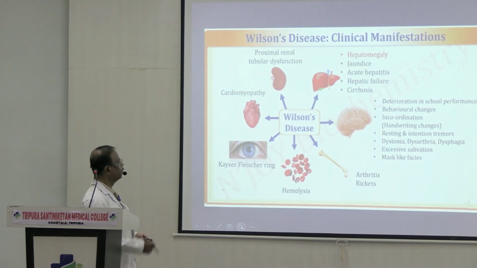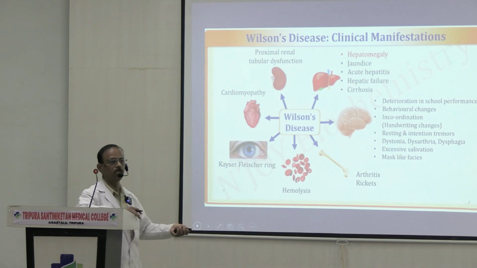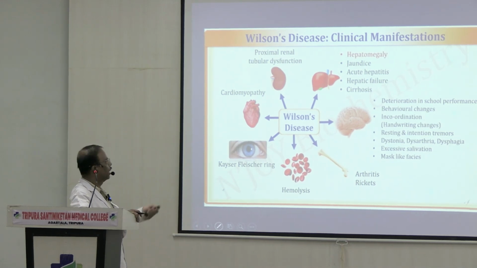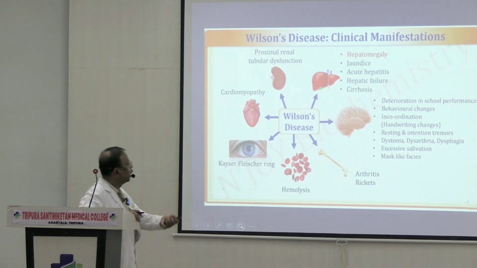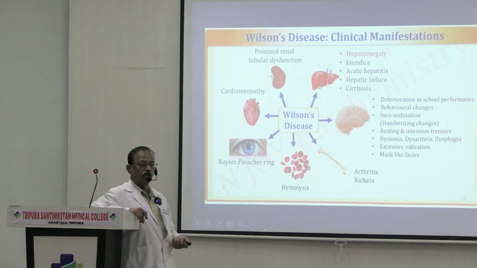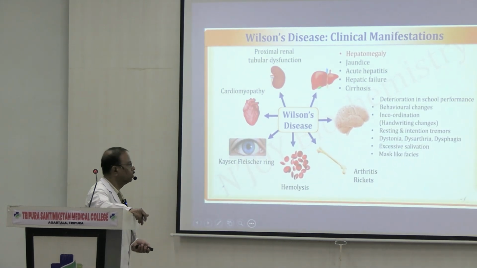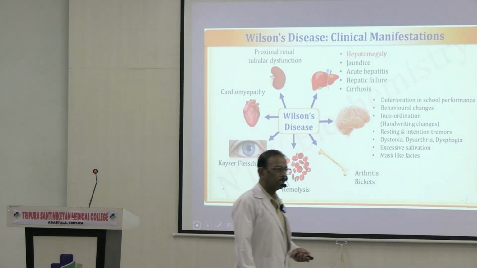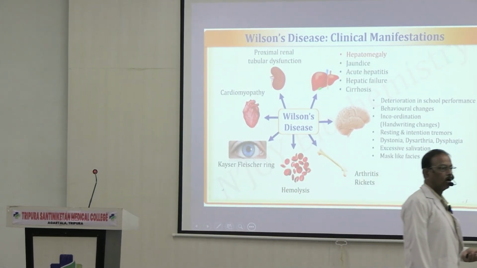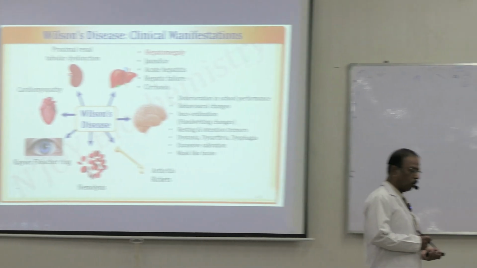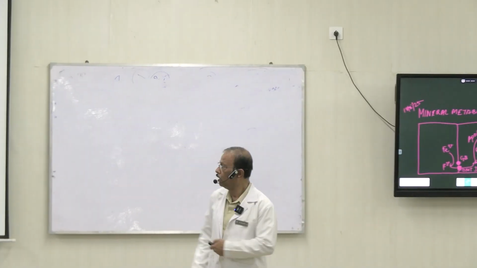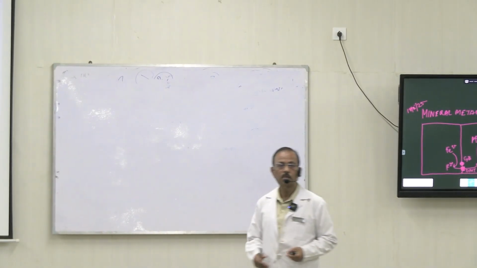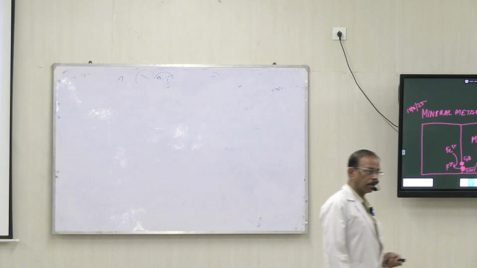When it involves the liver, there will be hepatomegaly, enlarged liver, jaundice, acute hepatitis, hepatic failure, and cirrhosis. Hepatic failure and cirrhosis are the terminal conditions of hepatic involvement. Hepatomegaly means enlarged liver.